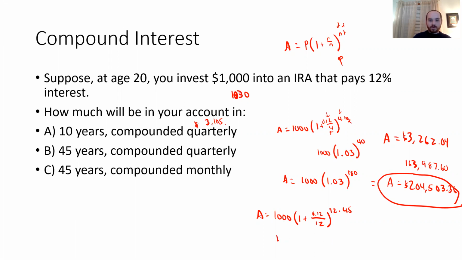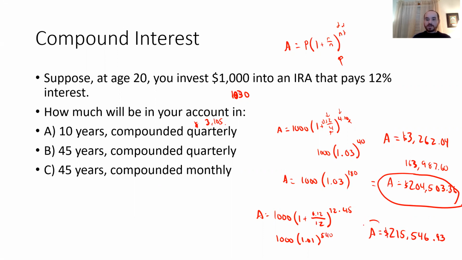So this time we have 1,000 times 1.01 raised to the 12 times 45, which is 540. So 1.01 raised to the 540th power times 1,000. So this time, if we have 45 years compounded monthly, A equals $215,546.93.